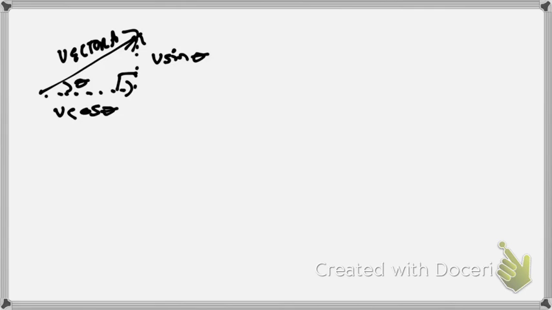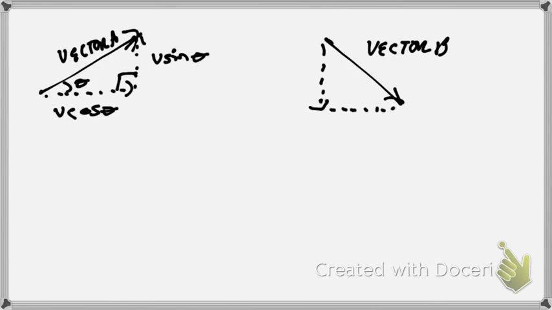So let's give another example. Let's say you have a downward force, so we have vector b. It's going to have a downward component and a sideways component. This is the y-axis, so this would be v sine theta. This would be your theta, and this would be the x-axis. So here is that right angle again. Let me draw one more.